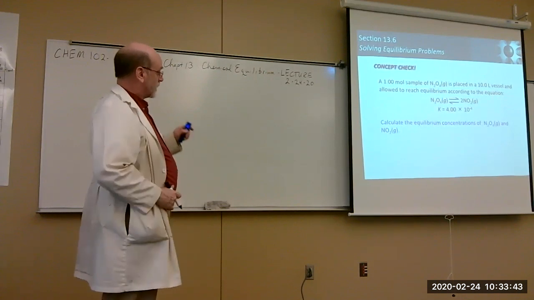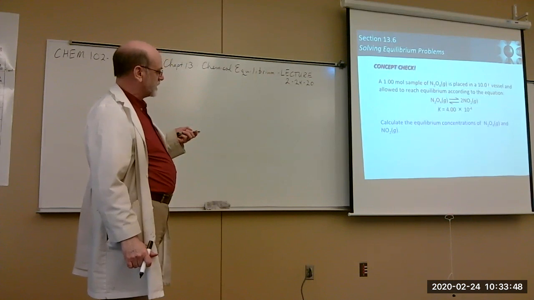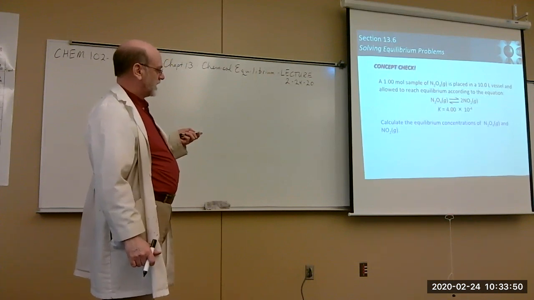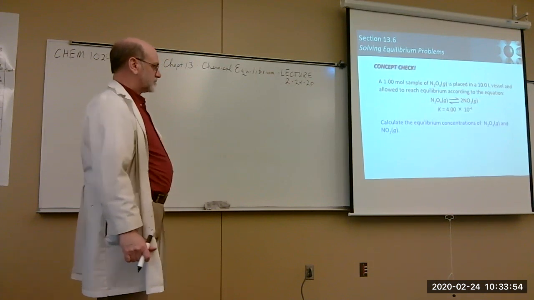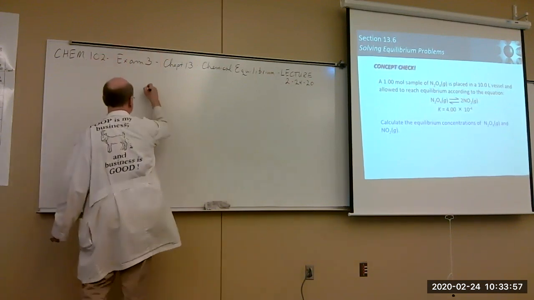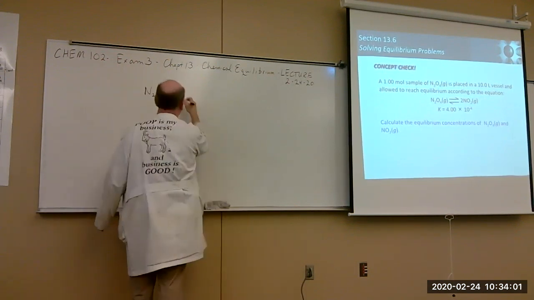Right. So the conditions we're given are 1 mole of N2O4 in a 10-liter vessel, allowed to reach equilibrium, which means there's none of this to start with. They're both gases.